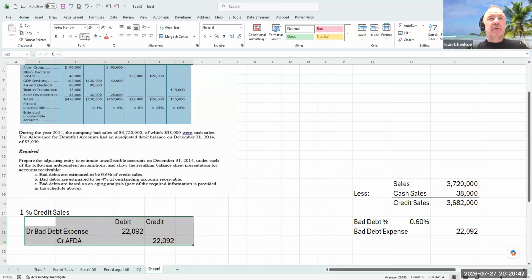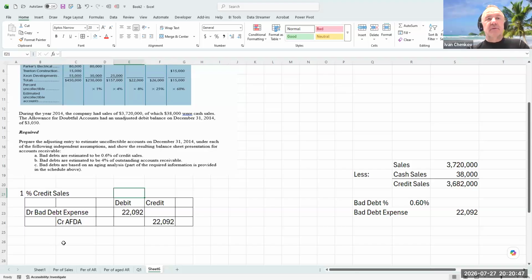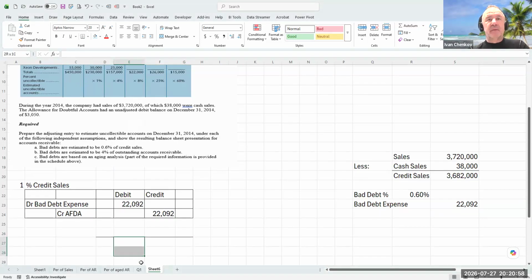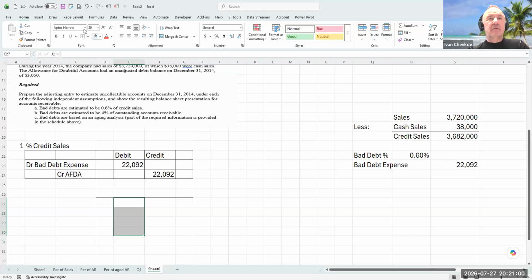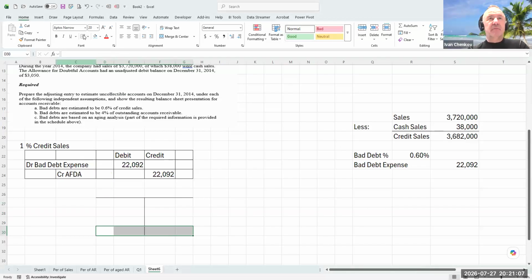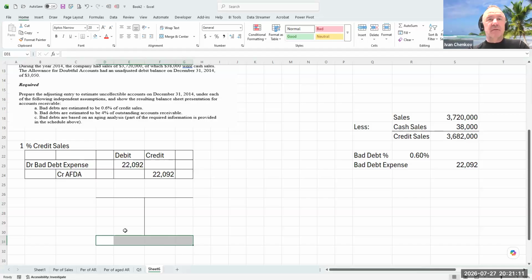Now the next thing is to do some calculations here. First, let's start with the allowance for doubtful accounts. Let's see what we can find with that account. As we can see from our requirements, the account has a debit balance, doesn't have a credit balance, which is okay.